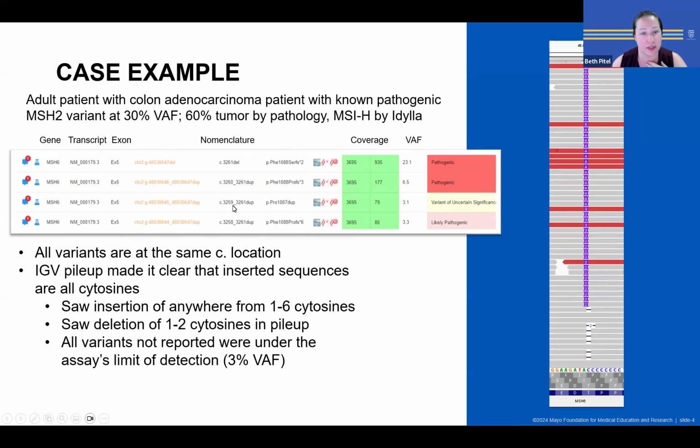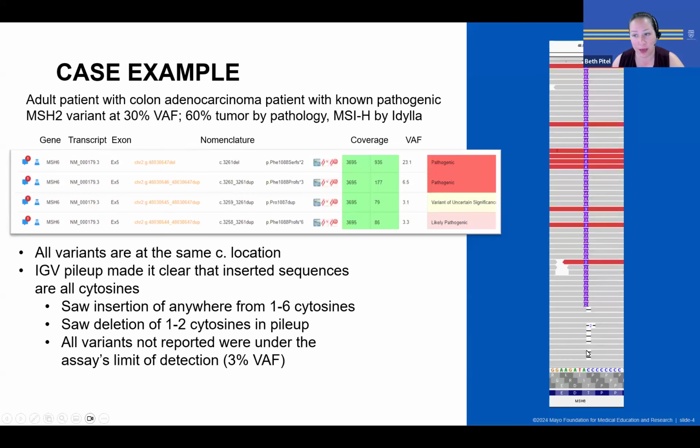So we can see duplications of anywhere between c.3258 through 3261 at different lengths. When I saw this, I immediately wanted to look at the pileup for our data.